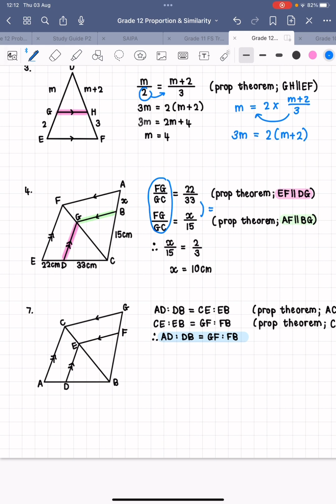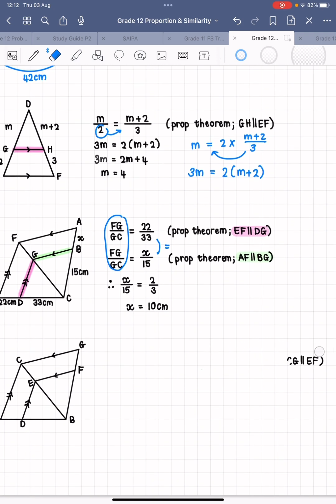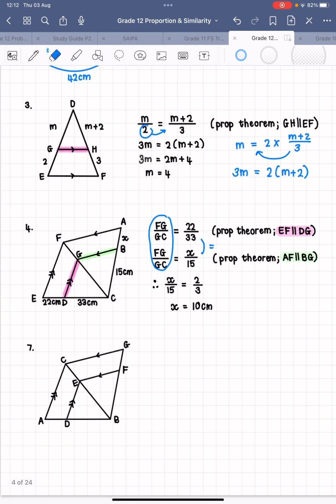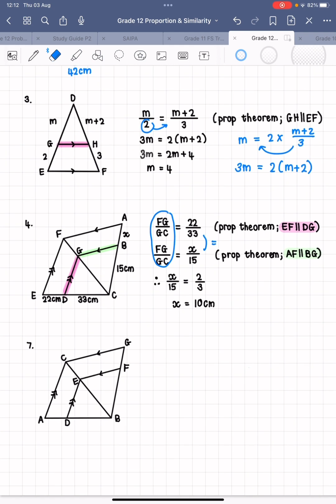Okay. Now, you didn't have to do number 7, but I would like you quickly to copy number 7 down into your books. I just want to do this one with you. Number 7 is very similar to the one that we just did in number 4. It has this exact same picture, but in number 7 the letters are slightly different, and they didn't give us any values.